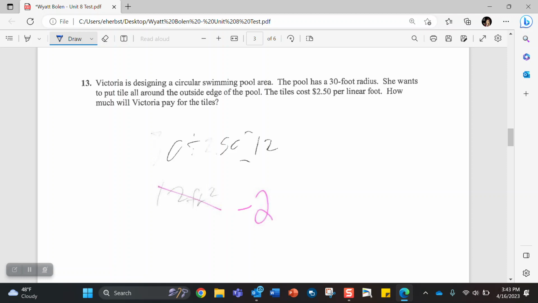Number 13 goes back to the lesson about circumference. It says Victoria is designing a circular swimming pool area. The pool has a 30-foot radius, that is just halfway across. She wants to put tile all around the outside edge of the pool. So what we're trying to get students to understand is that the outside edge of the pool, that is circumference.